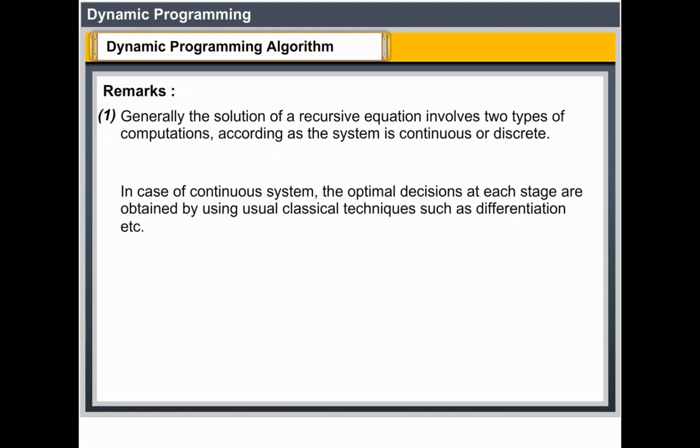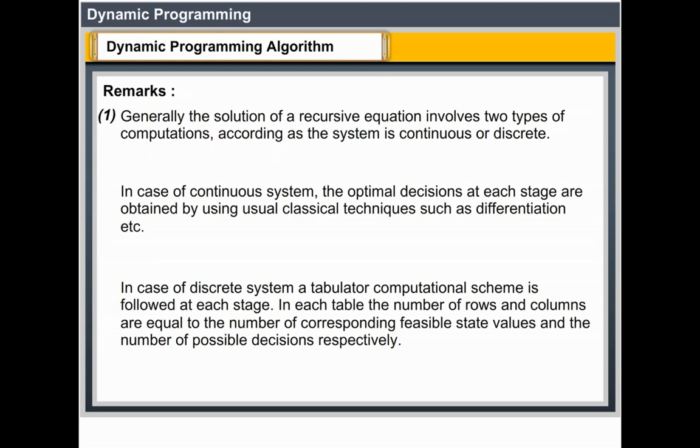In case of a continuous system, the optimal decisions at each stage are obtained by using the usual classical techniques such as differentiation, etc. In case of a discrete system, a tabular computation scheme is followed at each stage. In each table, the number of rows and columns are equal to the number of corresponding feasible state values and the number of possible decisions respectively.